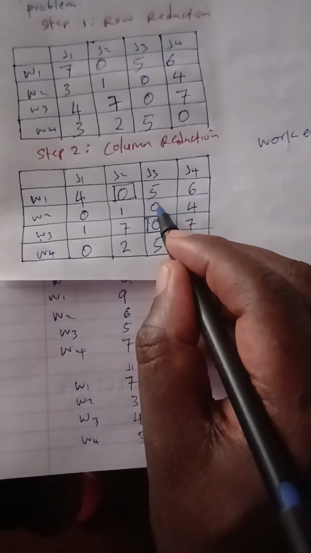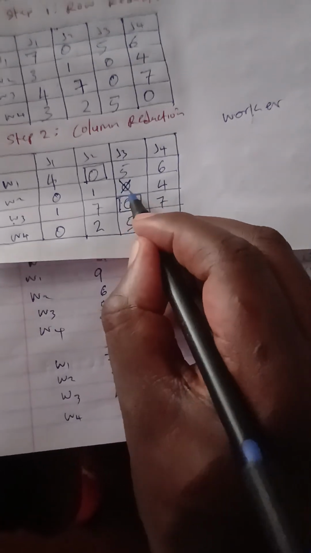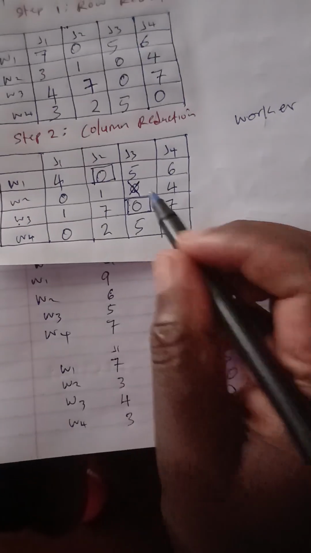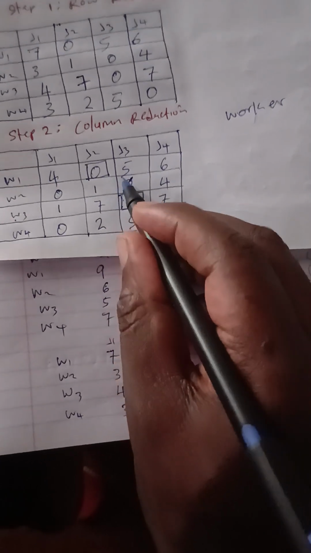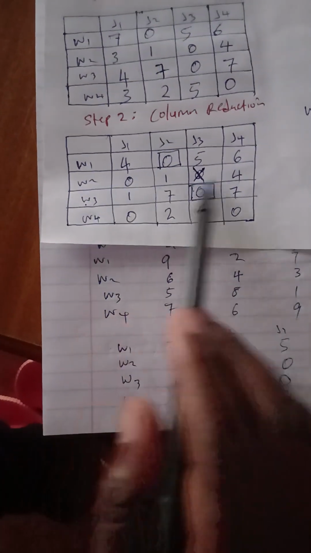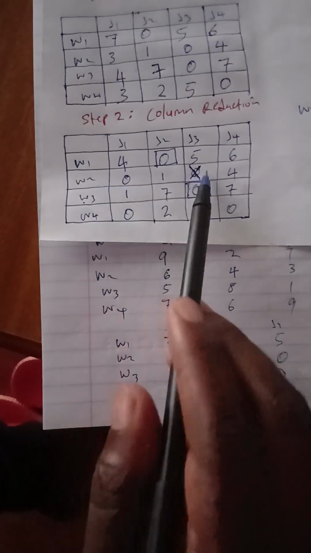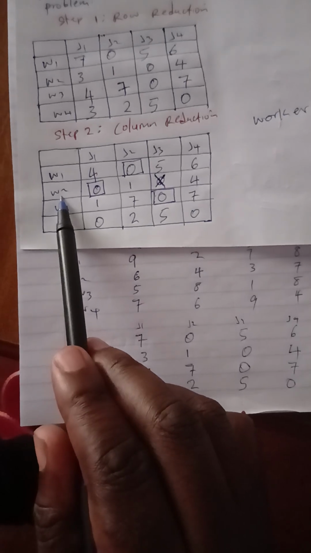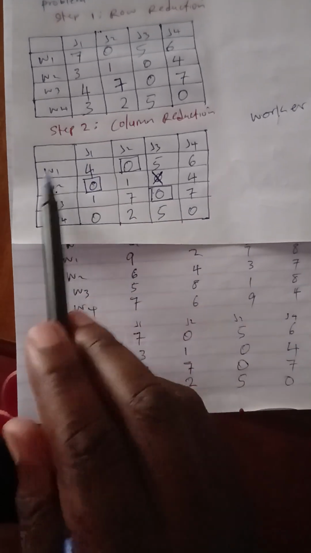We can see we have a 0 here, so we strike off this 0. Once this 0 is struck off, we can check in that corresponding row. Is there any 0? Yes, we can see a 0 here, so we allocate again. Now we have allocated worker 2 to job 1.